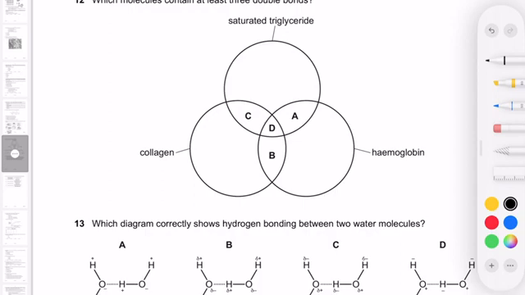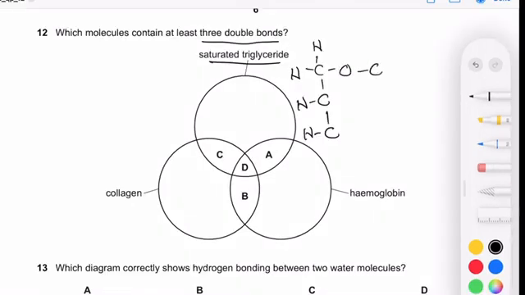Which molecules contain at least 3 double bonds: saturated triglycerides, hemoglobin, or collagen? Now, at least 3. For the saturated triglyceride, if you draw it, remember it is going to contain glycerol. There will be an O. This is the ester bond, and it will look something like this.